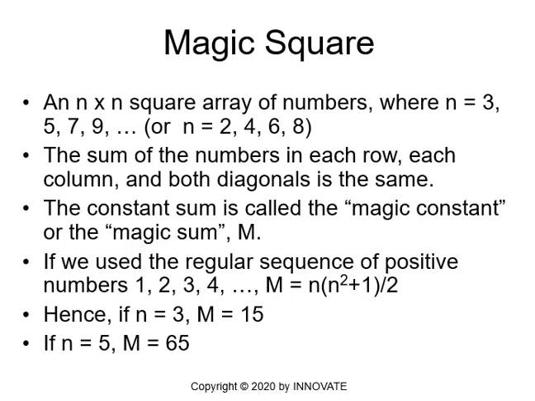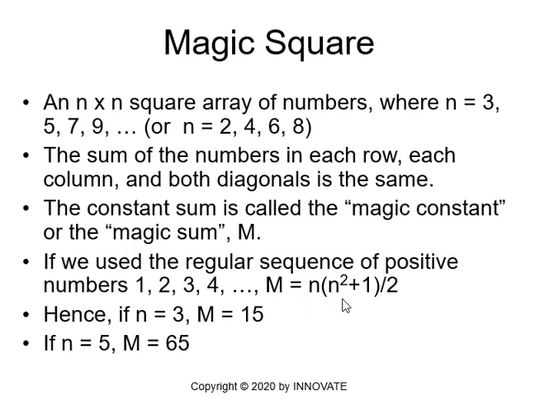So if n is 3, or a 3 by 3 matrix, m will be 15. If n is 5, m will be 65. Just evaluate this equation. For n equals 3, we will have n squared, which is 9, plus 1, 10, times 3, 30, divided by 2 is 15, and so on and so forth.